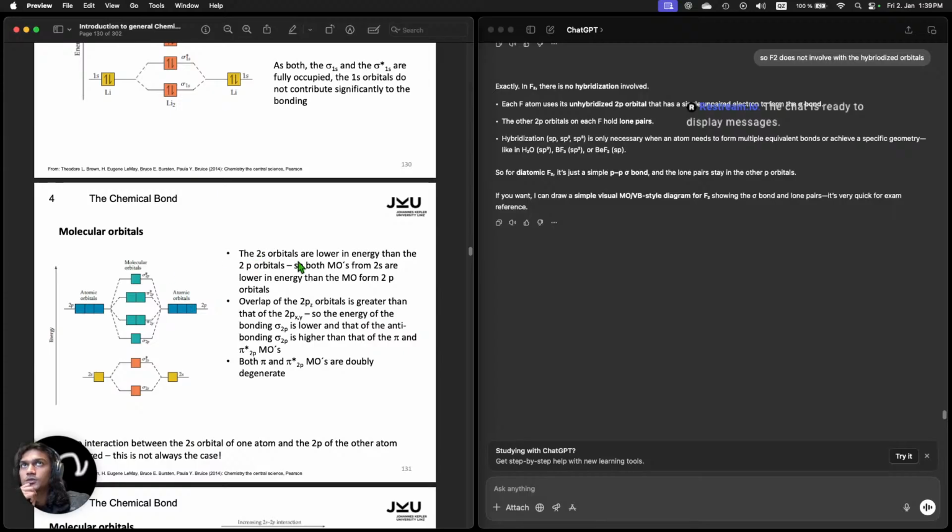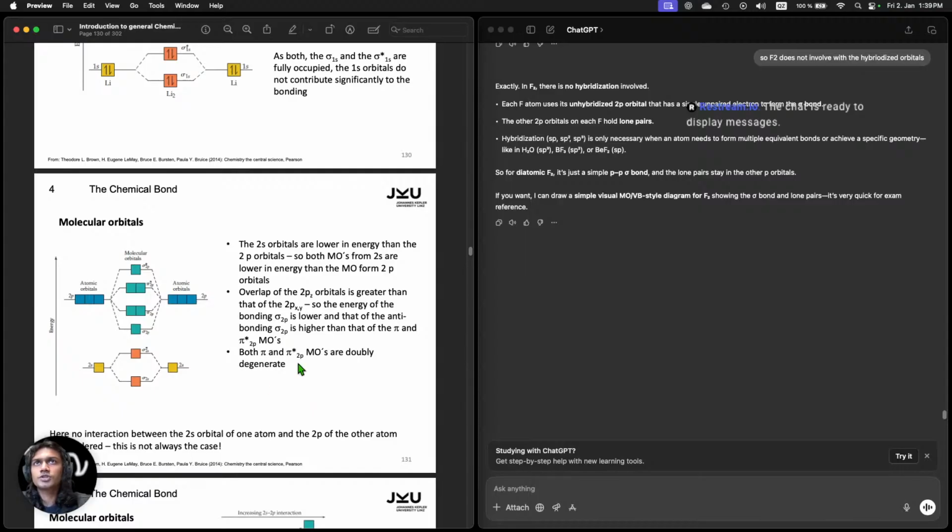Molecular orbitals: the 2s orbitals are lower in energy than 2p orbitals, so molecular orbitals from 2s are lower in energy. Overlap of 2p orbitals is greater than that of 2pxy. Okay, I get that. So the energy of the bonding sigma 2p is lower than that of anti-bonding 2p, which is higher. Both pi and pi star molecular orbitals are doubly degenerate.